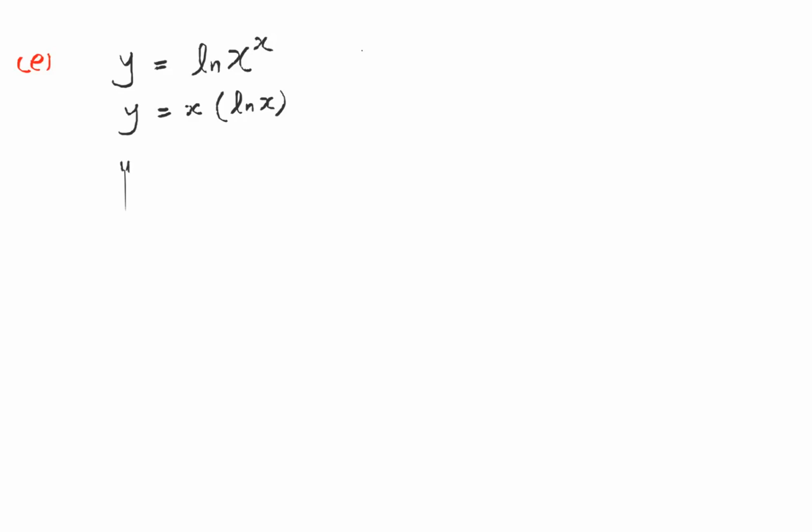u is x, v is ln x. So your u prime is 1, your v prime is 1 over x. Correct? Cross and add.